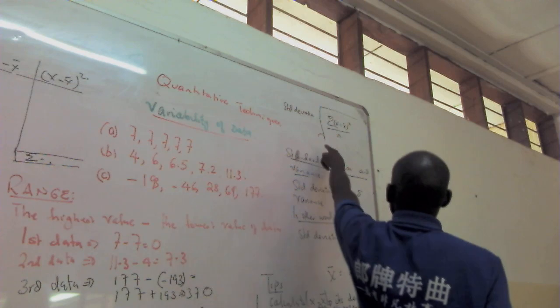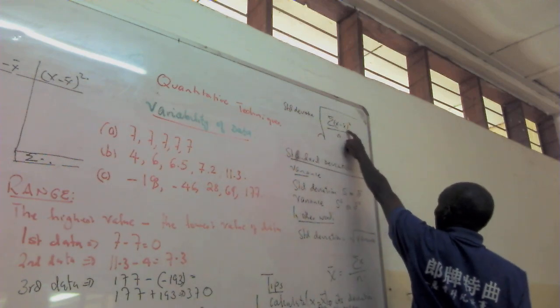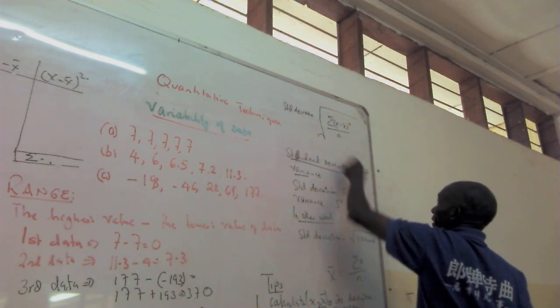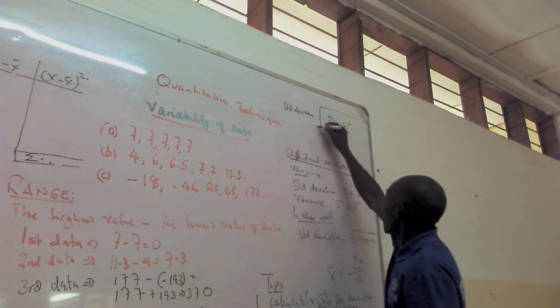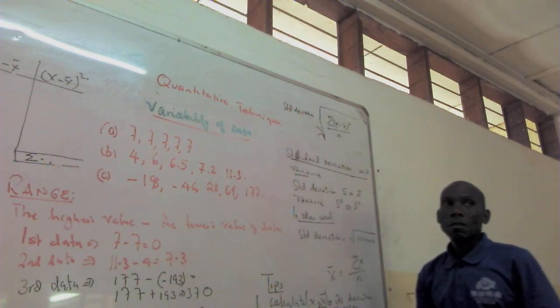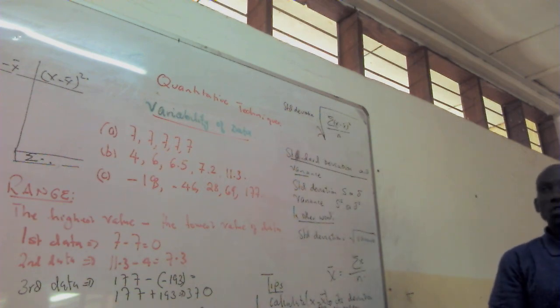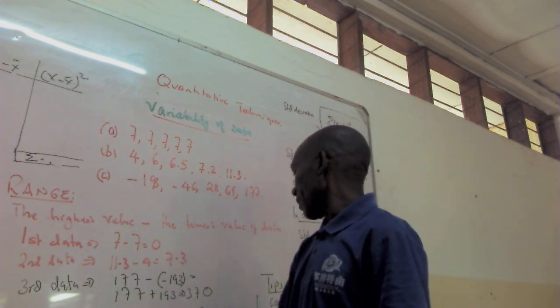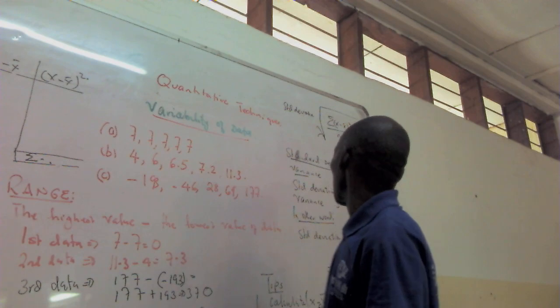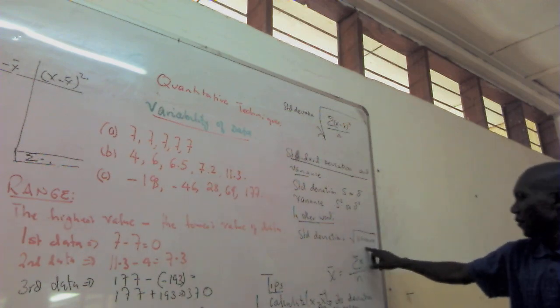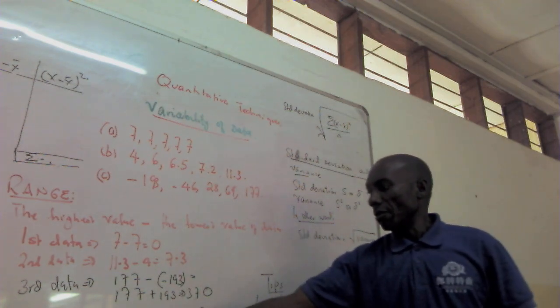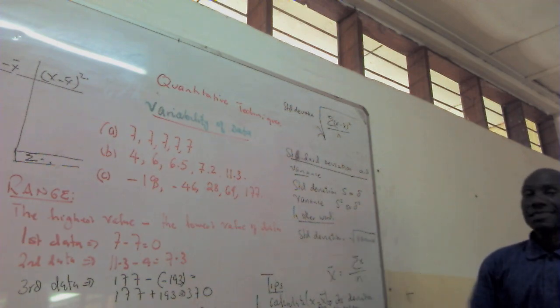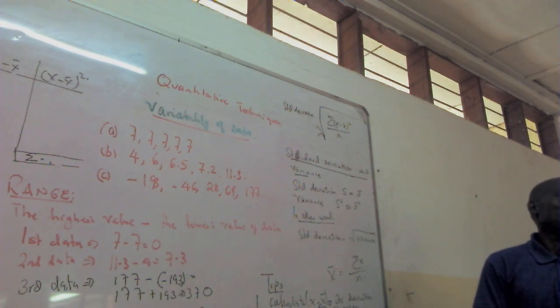You look at whatever you have obtained here, and then you take the square root of that. In other words, the square root of the variance. The moment you square root the variance, what you are getting is what is called standard deviation.